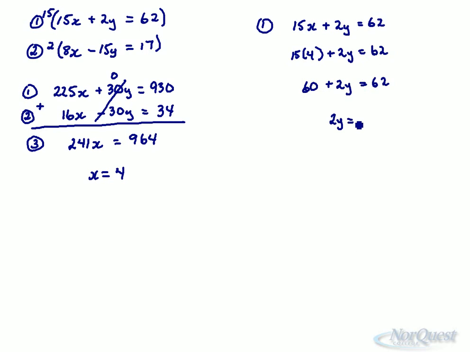Move the 60 to the other side. 62 minus 60 gives you 2y equal to 2. y equals 1. The solution is 4 and 1. So that's the worst case scenario.